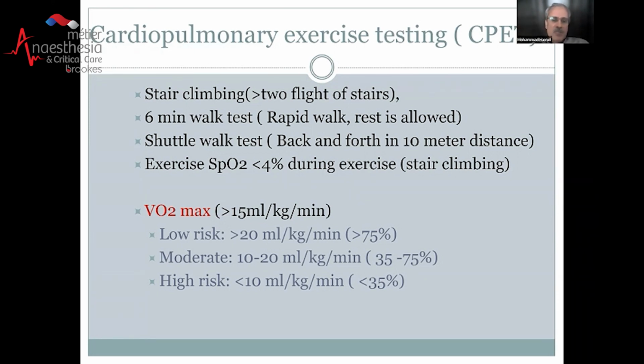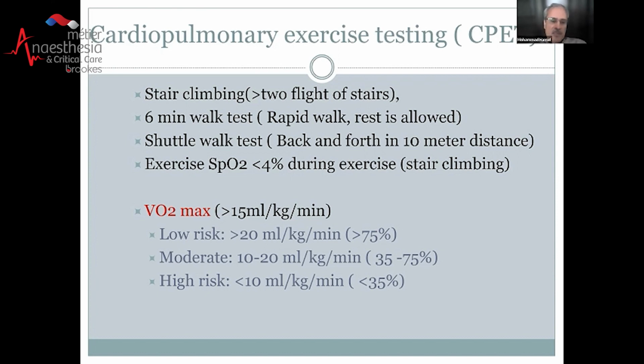But all these 4 tests are not really standard tests, and there are no standard numbers through which you can say that these tests are positive or negative, or these tests are enough. So the best test for pulmonary function is the VO2 max.